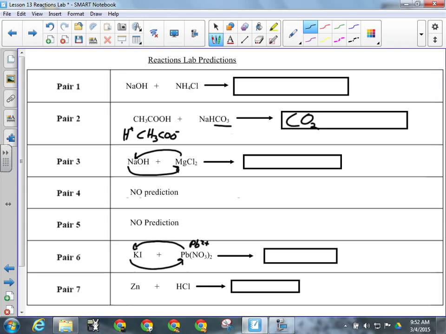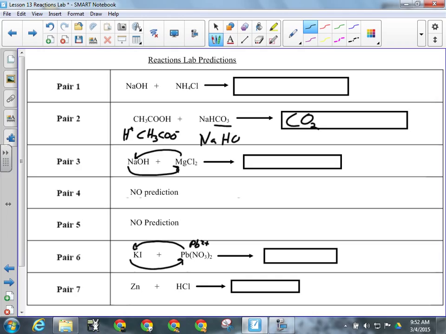So what's left after we've accounted for this carbon dioxide? What's left is sodium with this hydrogen and this oxygen. That's still left, and all of this stuff is still left.